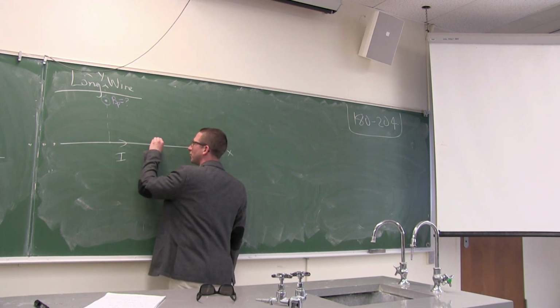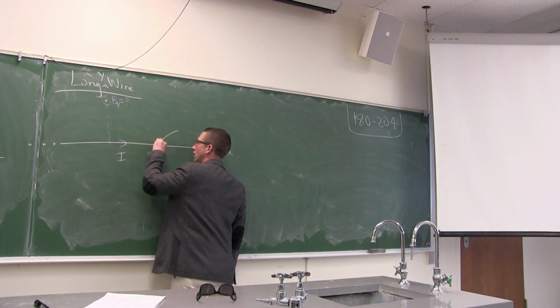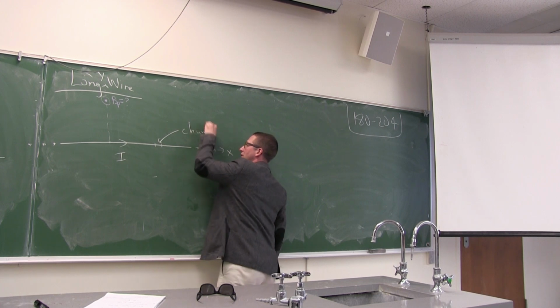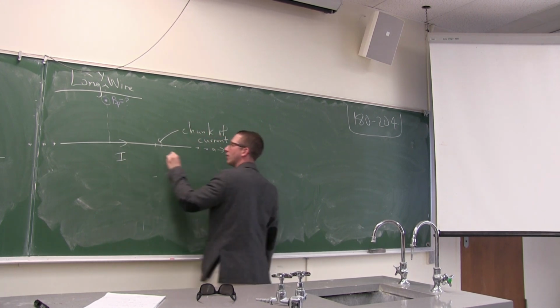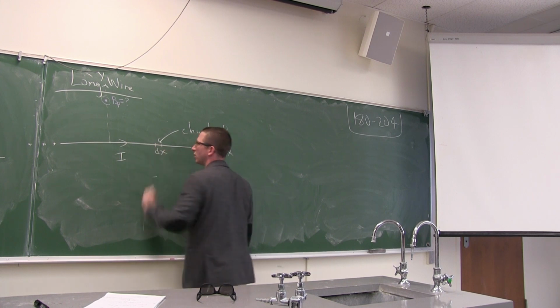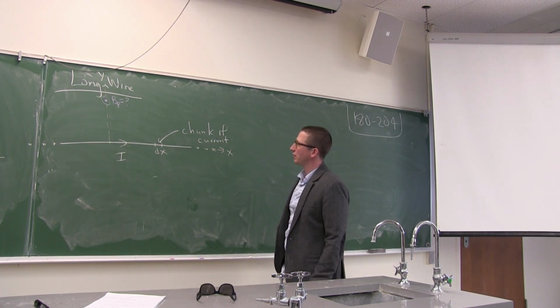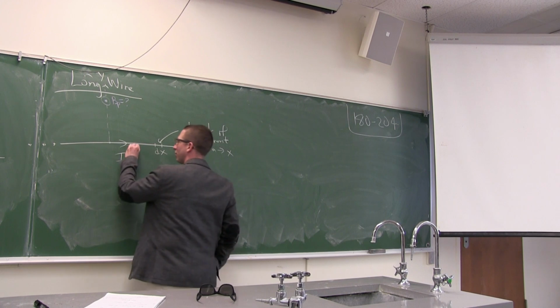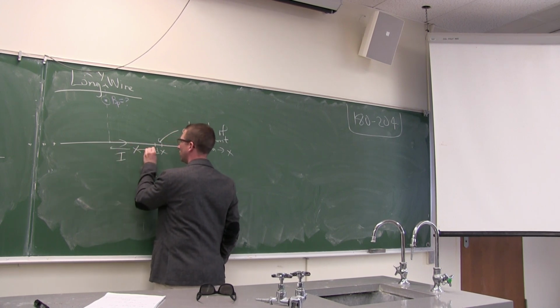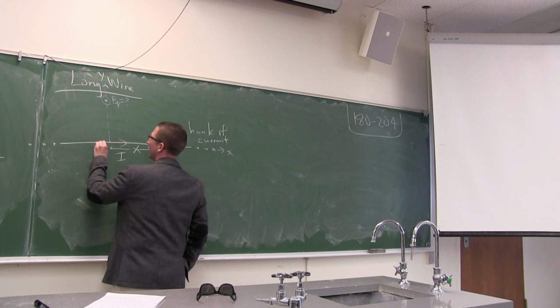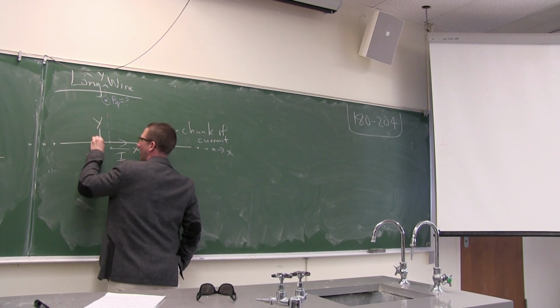Now this chunk of current has a certain length. And I'm going to call that length dx. And that chunk of current is a certain distance from the origin, x. And the magnetic field point is a certain distance from the origin, which I'll call y.